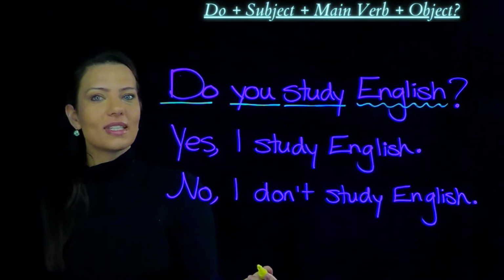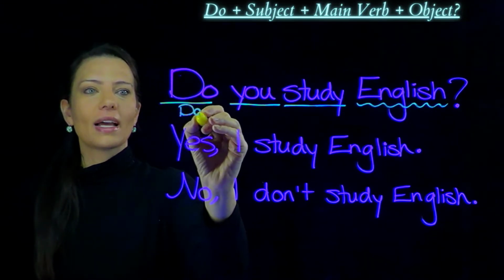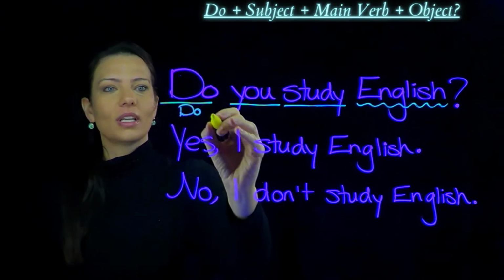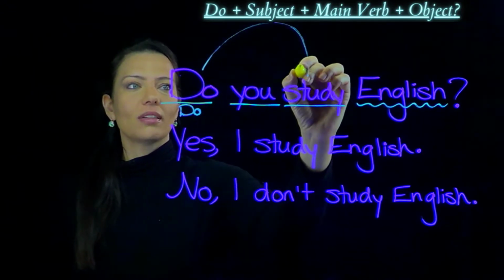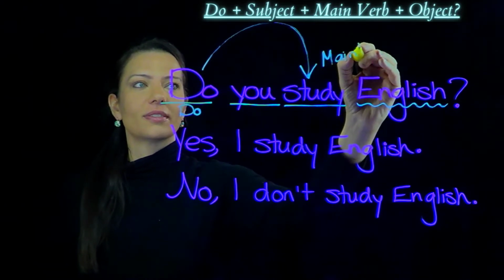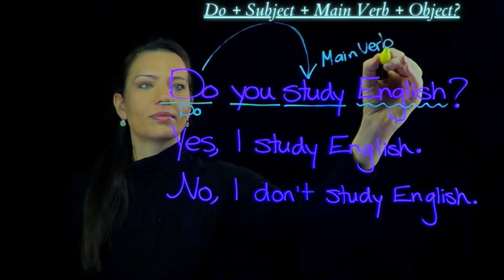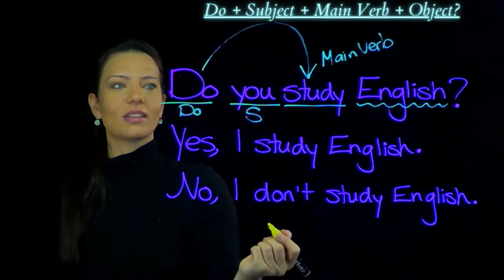So you'll notice that in the simple present, we use do as the helping verb. This helping verb is helping the main verb. This is our main verb, study. Okay? The subject here is you.